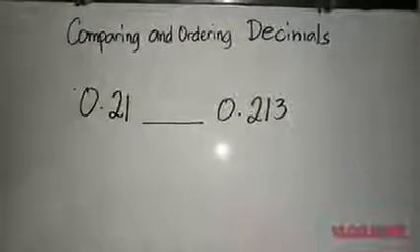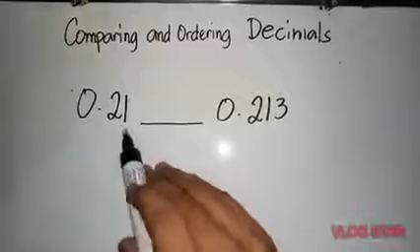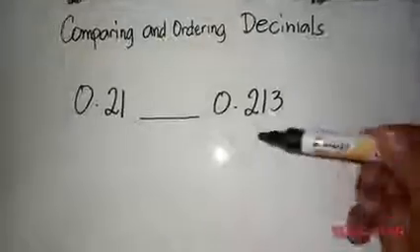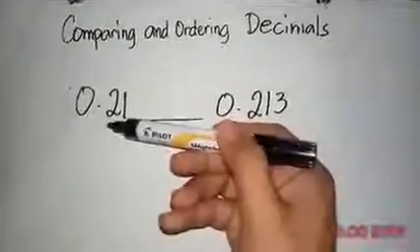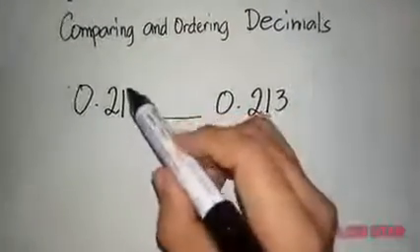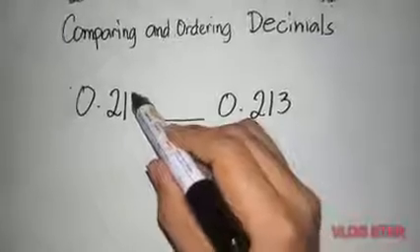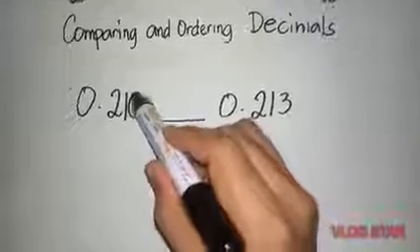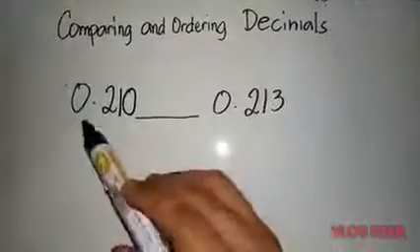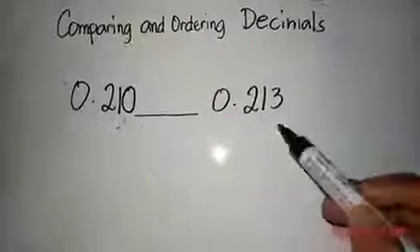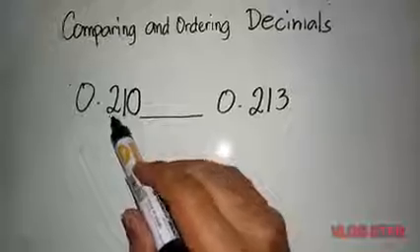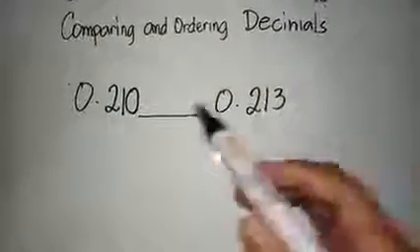So next example, 0.21 and 0.213. As you can see, we have 3 digits here and 2 digits. So the first thing that we're going to do is just put 0, because it will not change its value. This is for decimals only, okay? So now they have the same number of digits. Then let's start to compare. For the tenths place, 2, 2, so equal.